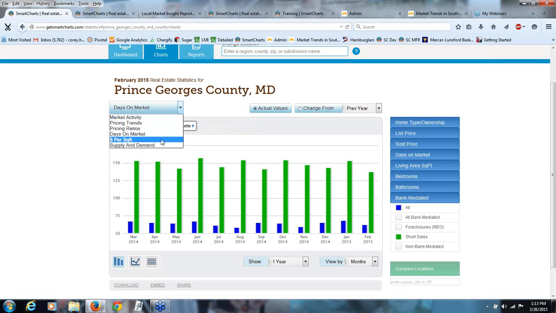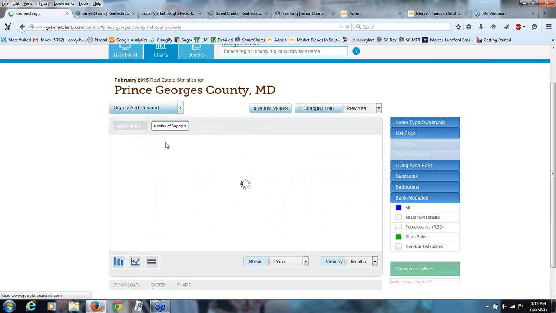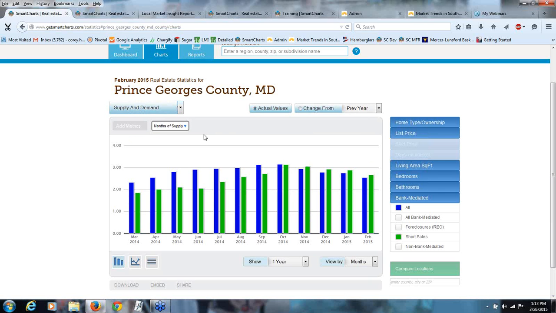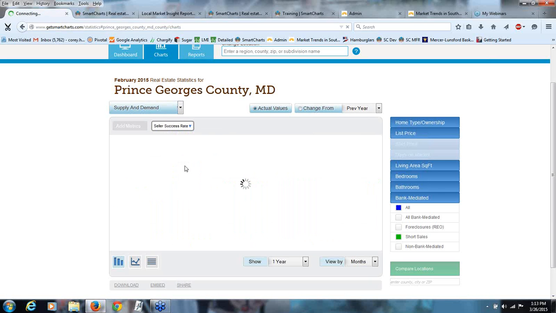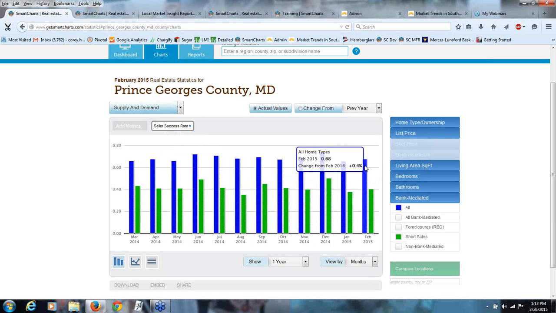The other piece to look at on this is in our supply and demand section, and that's where we have months of supply, obviously, but seller success rate. So for all homes that go to contract, they can either stay in contract or they'll close successfully or they'll fail.